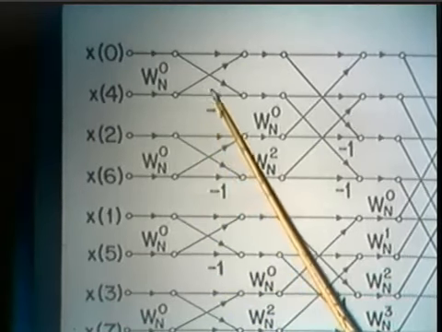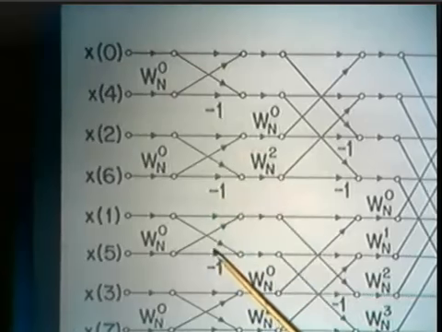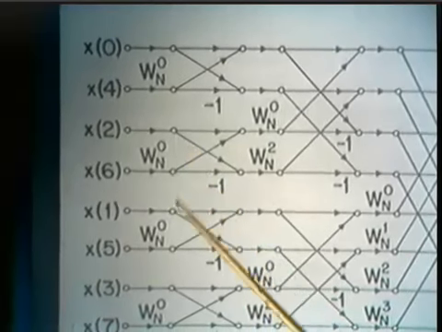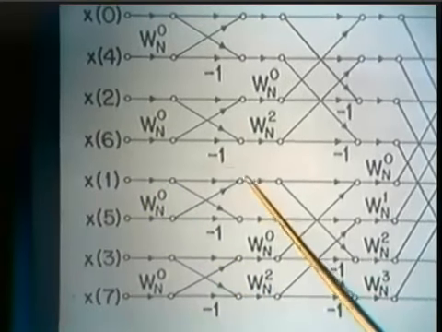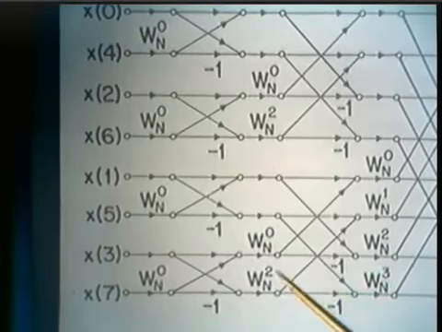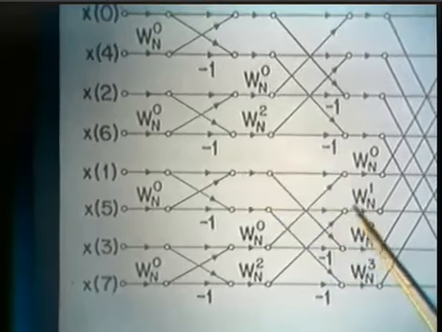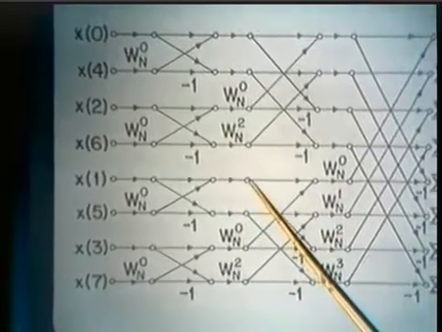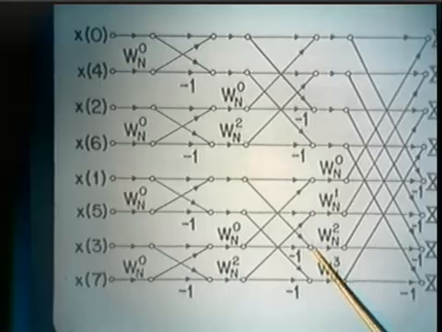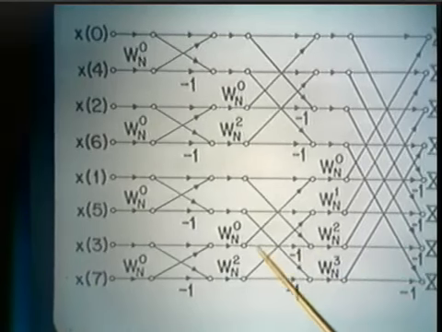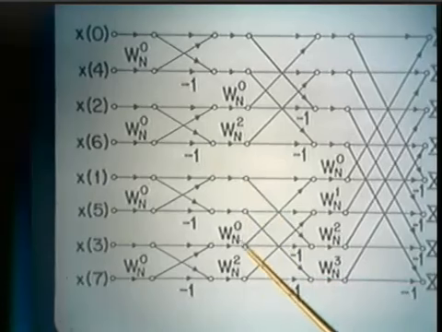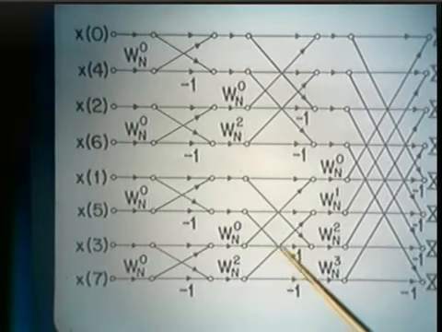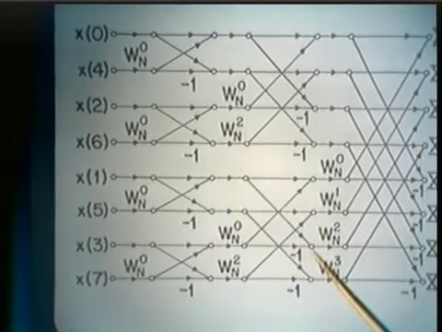And a few minutes of reflection on this flow graph in general would indicate that this is true throughout the computation. It's clearly true in going from the first stage to the second stage. In proceeding from this stage to the next stage, we see again, for example, in computing these 2 points, the only input points that we use are these 2. And so again, we could think of storing the result of this computation for this butterfly, for example, back in the original memory locations.